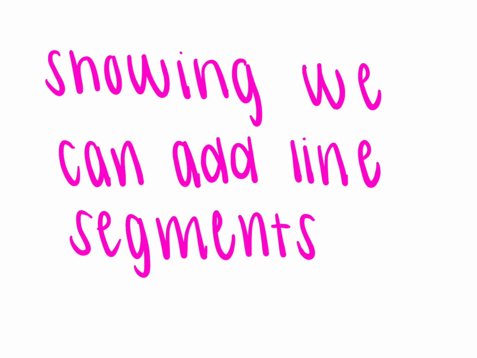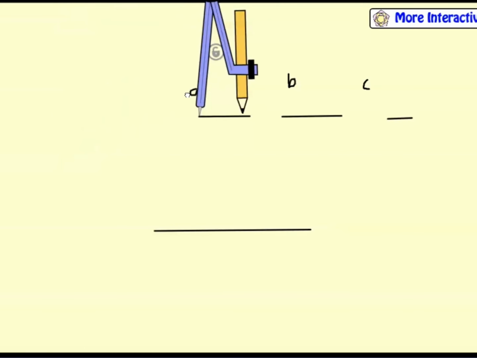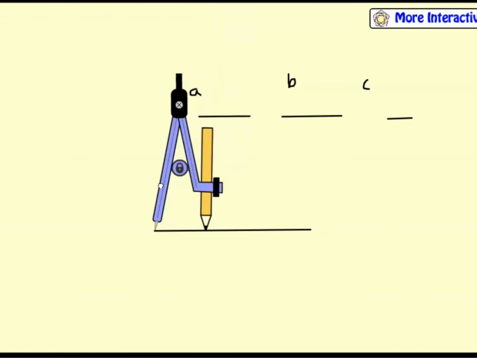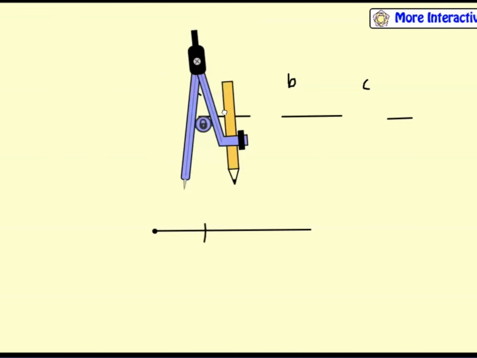Okay, so now we're going to be showing how we can add multiple line segments together. When we have these 3 line segments at the top, A, B, and C, we then go in with our straight edge and draw another line segment, and then using the compass, we can measure the length of A and bring it onto that other line segment and sketch that out.